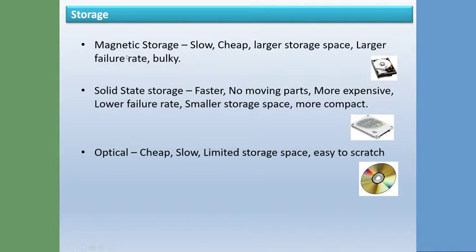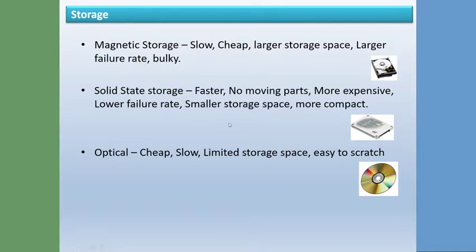They have a larger failure rate purely because they are a physical disk. Things spin and move in the magnetic disk, which of course, if anything has any kind of movement to it, the chances of it breaking down increase. And they're also quite bulky. If you go for a 2 terabyte hard disk drive, they're quite large, they're quite heavy, they take up quite a bit of space in your computer case. Therefore, they can be a little bit cumbersome.